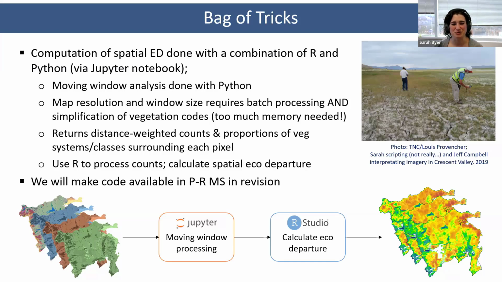But yeah, I've been using Jupyter notebooks for the actual moving window to get the values and the weights around each pixel. And that's done across the landscape 20 times for all of the different realizations of future vegetation. And that's the workhorse.